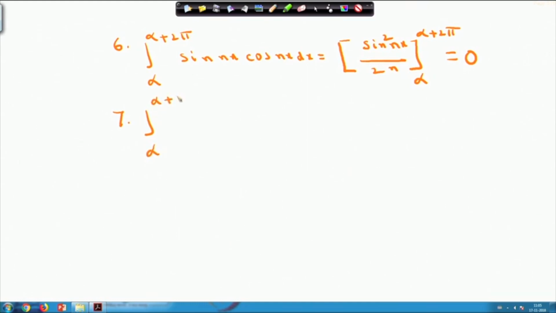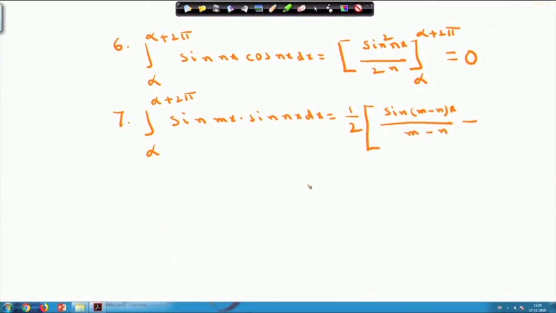Number 7, the integral from alpha to alpha plus 2 pi of sin mx into sin nx dx. Of course, we are assuming here that m is not equal to n. If I evaluate the integral in this case, sin of (m minus n) x by (m minus n) minus sin of (m plus n) x by (m plus n), from alpha to alpha plus 2 pi.